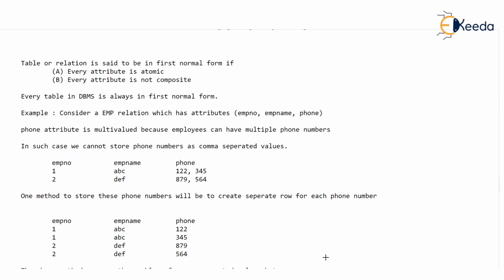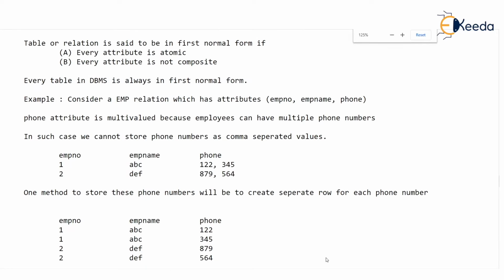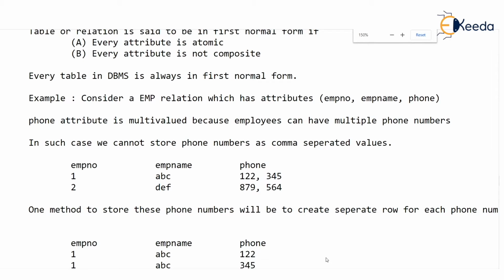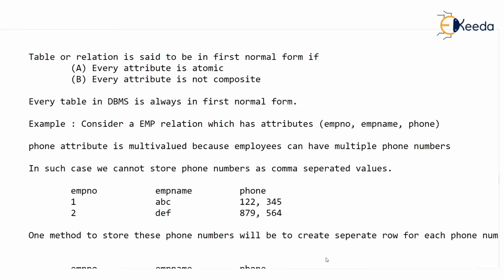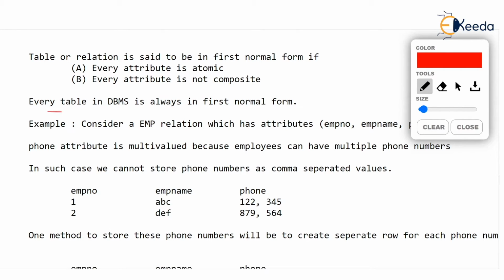It's not a big deal to learn the first normal form, because the definition says that any given table is always in the first normal form. Every table in DBMS is always in the first normal form.